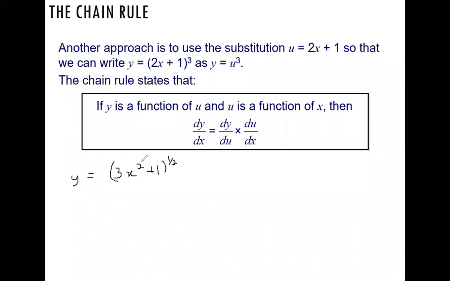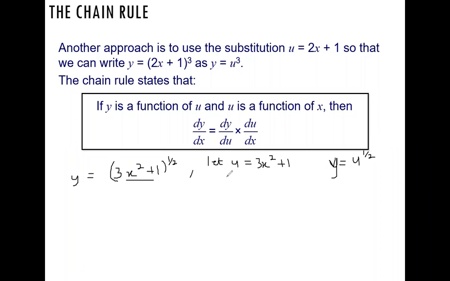So it's the same principle. We'll let u be what is in the bracket. So we let u be equal to 3x squared plus 1. And then once this whole thing is u, y will be equal to u raised to the power half.